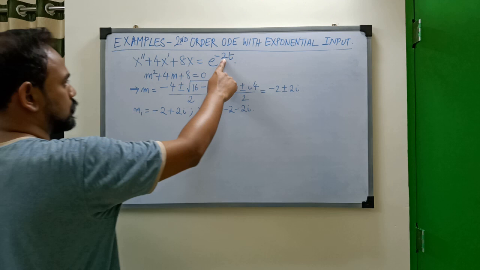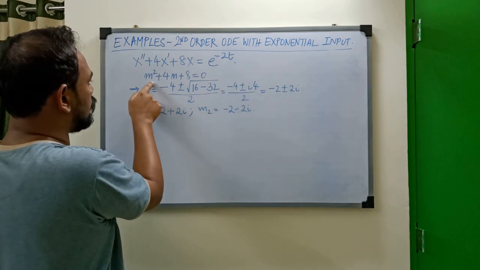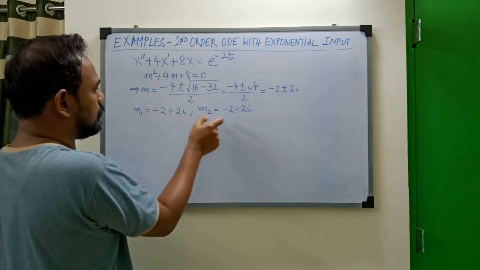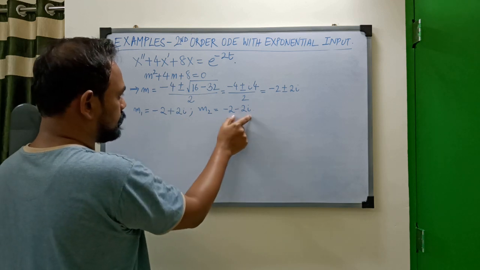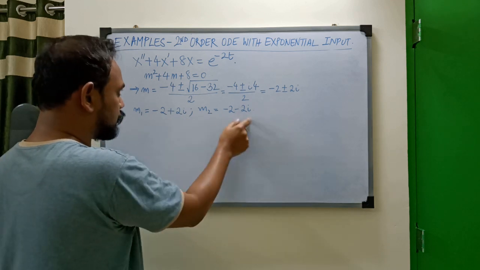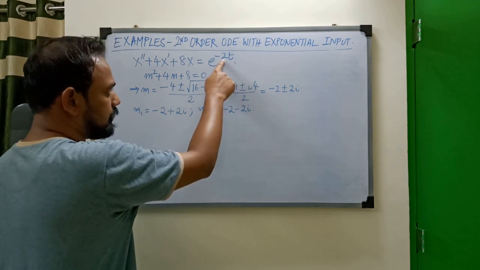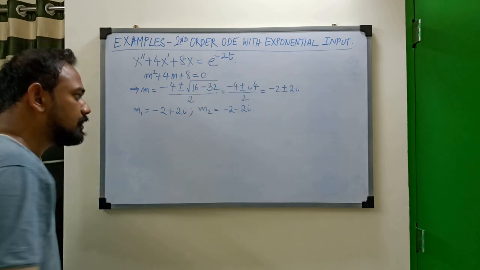Of course, this minus 2 is a real number, and the two roots of the auxiliary equation are complex numbers. So obviously, this is never equal to any of them.